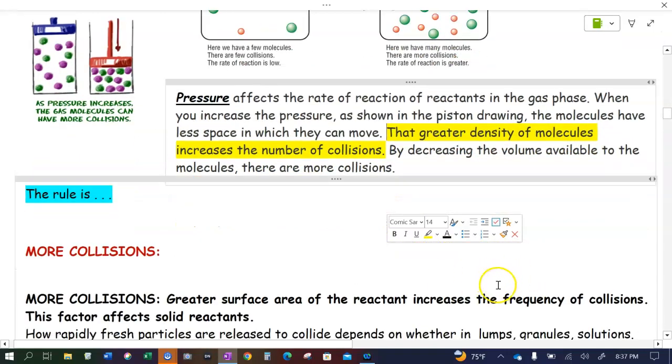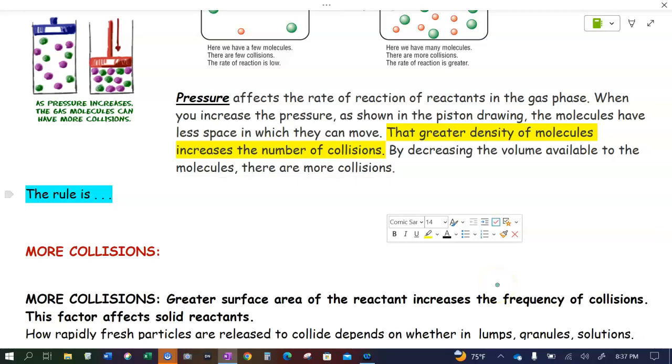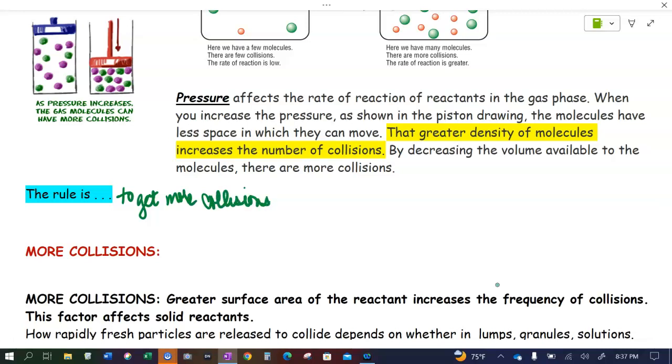So what is the rule? The rule is to get more collisions, we must... All right, so tell us, what did you learn in this lesson?